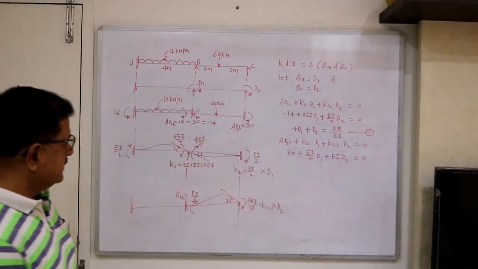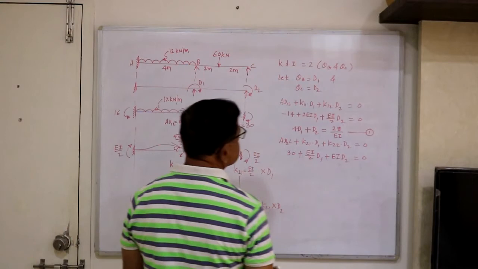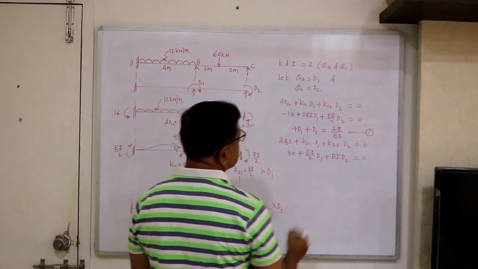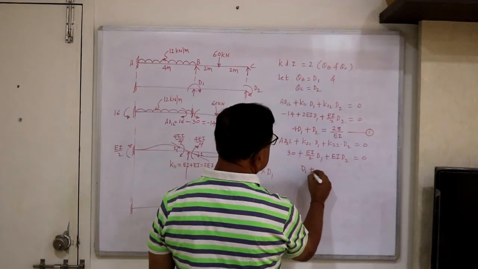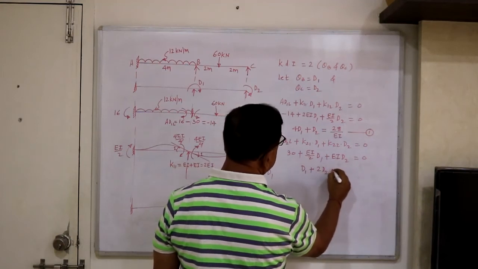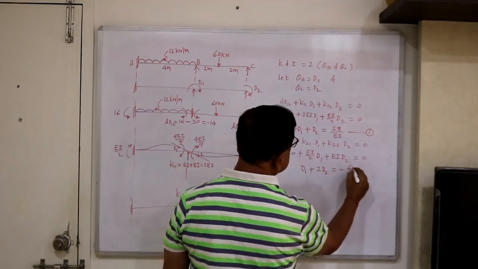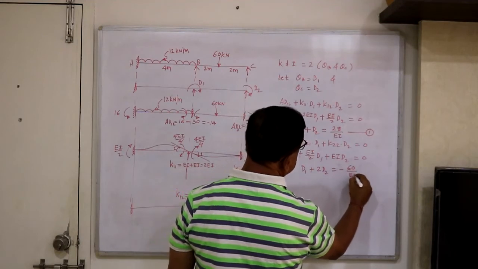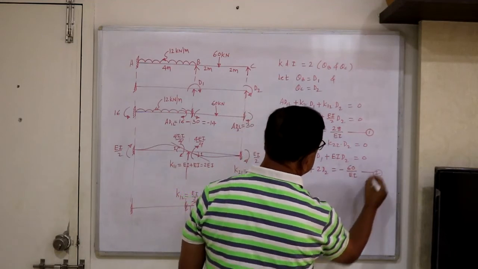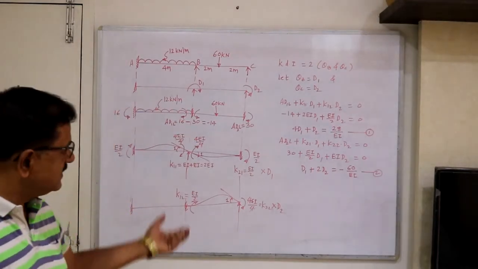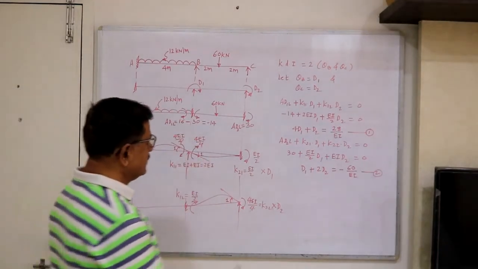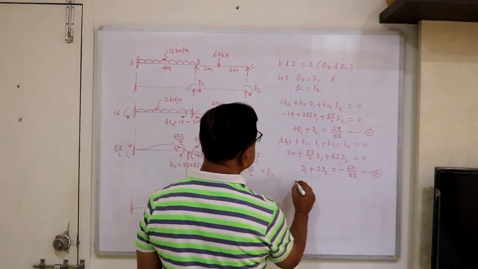Right? Then multiplied by 2, this becomes D1 plus 2D2 equal to minus 60 by EI, equation 2. So solve 1 by 2. If you solve in a regular way, that is also okay. Or better, use the matrix method.